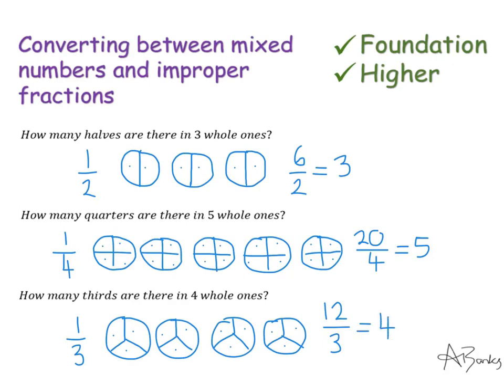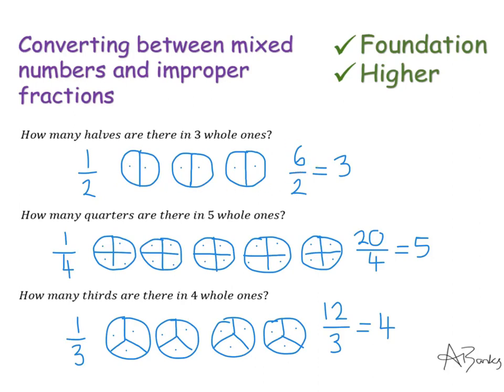Now you might notice here as I've done this that there's quite an easy way of doing this without having to draw the diagrams. Because here I was working in halves, every whole one is made up of 2 halves. So for 3 whole ones I need to do 3 times 2, which is 6, and that gets me the answer much quicker.